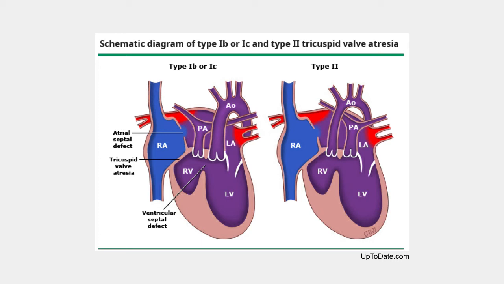Of those, some will have a restricted VSD that provides insufficient pulmonary blood flow. There will be some left to right shunting across that small VSD. Pulmonary vascular resistance is likely to still be lower than the systemic vascular resistance, especially as the baby gets on into the first few days or weeks of life.